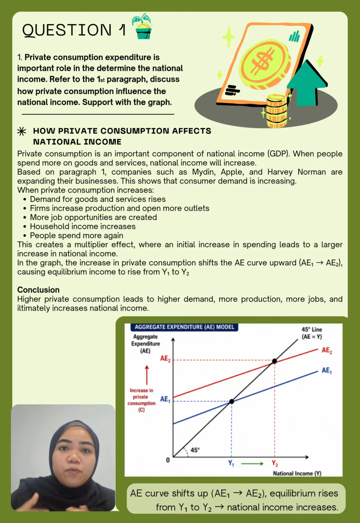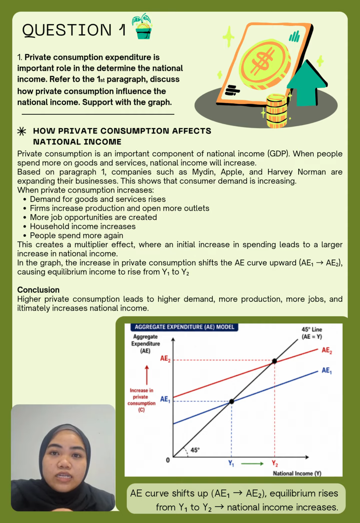How private consumption affects national income can be explained in several steps. First, when consumers spend more, demand for goods and services increases. Second, firms respond by increasing production and opening more outlets.